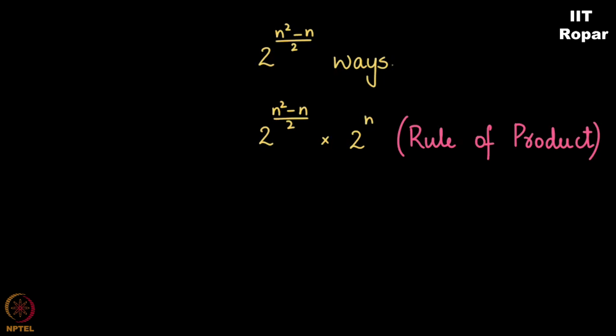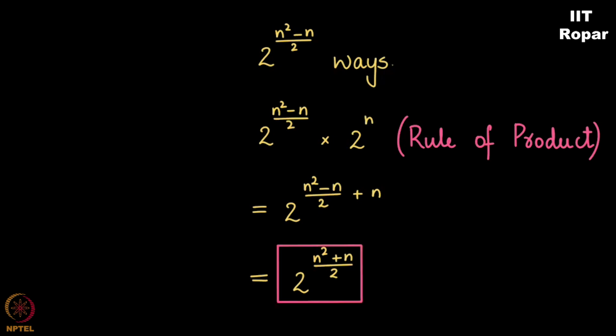So finally, this product will be equal to 2 to the power of (n square minus n)/2 plus n, which happens to be 2 to the power of (n square plus n)/2, and that's the answer that we saw already. The logic was slightly different, given that we are multiplying it by 2 to the n.